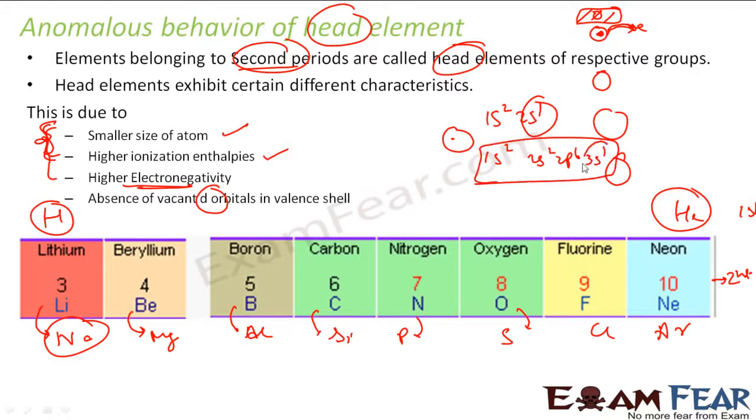So the moment it comes to the third period, they have the vacant d orbitals. The first period will have only s, the second will have s and p orbitals. The moment it comes to the third, it will have s, p and d orbitals. So sodium, magnesium, aluminum, silicon will have d orbitals, but these guys don't have d orbitals. That is also one reason why they have totally different properties. So if you are having difficulties understanding s, p, d orbitals and ionization enthalpy, please watch the atom video.